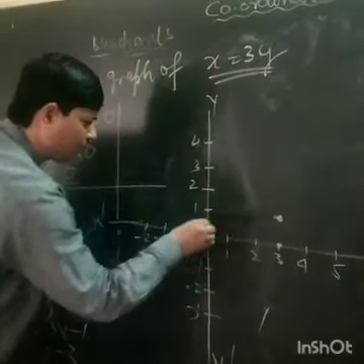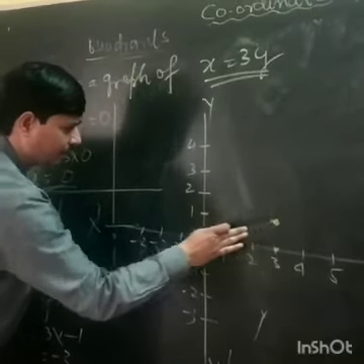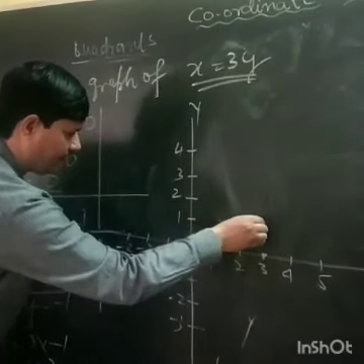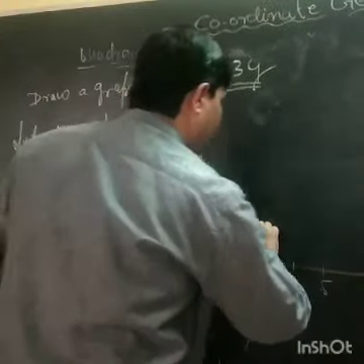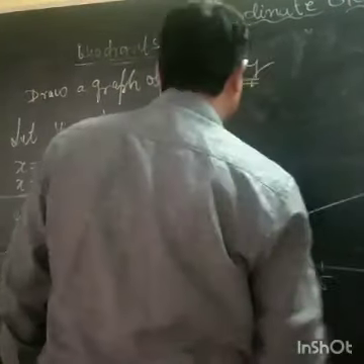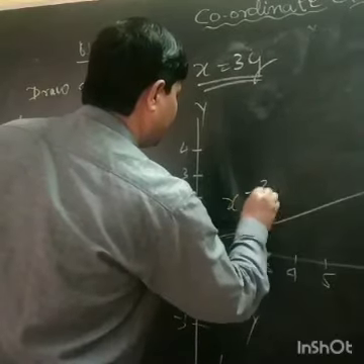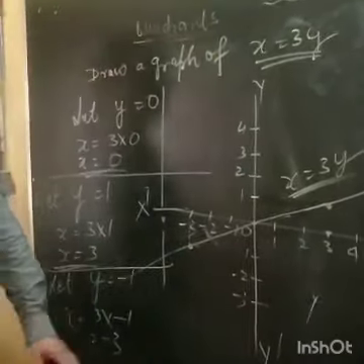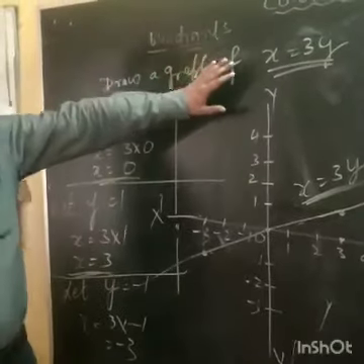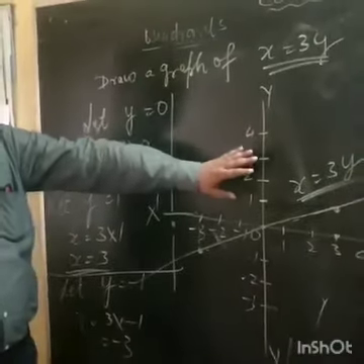Now you join them with the scale and you will get a straight line, that is x = 3y. That is how you will plot the graph.